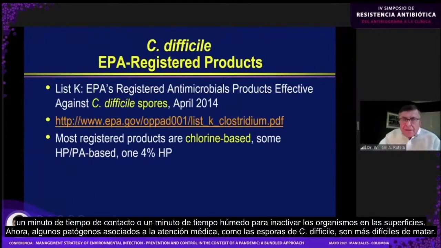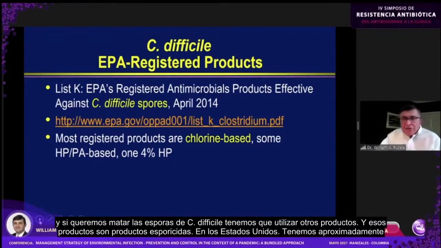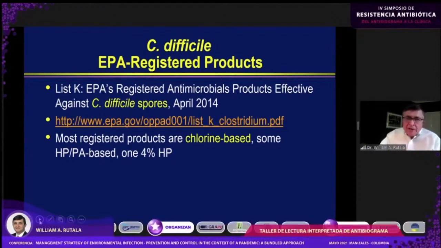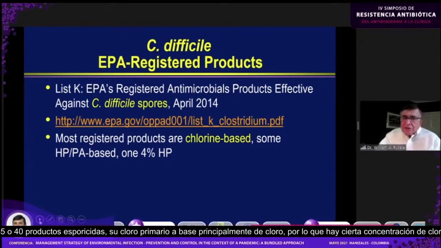Now, some healthcare-associated pathogens like C. difficile spores are harder to kill. And if we want to kill C. difficile spores, we have to use another product, and those products are sporicidal products. In the United States, we have approximately 35 or 40 sporicidal products. They're primarily chlorine-based.